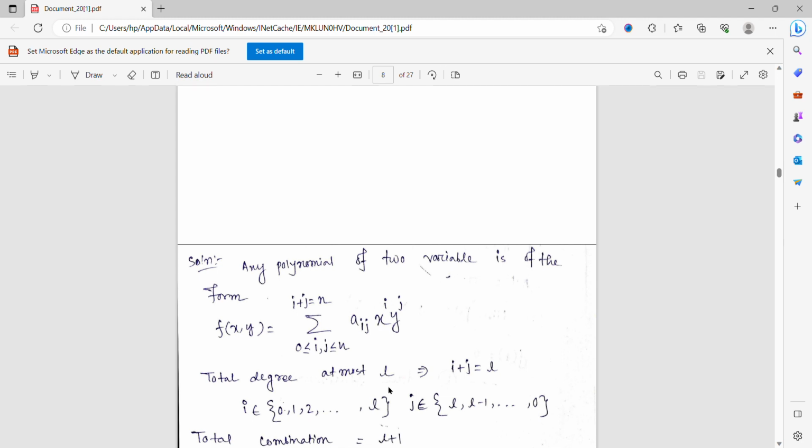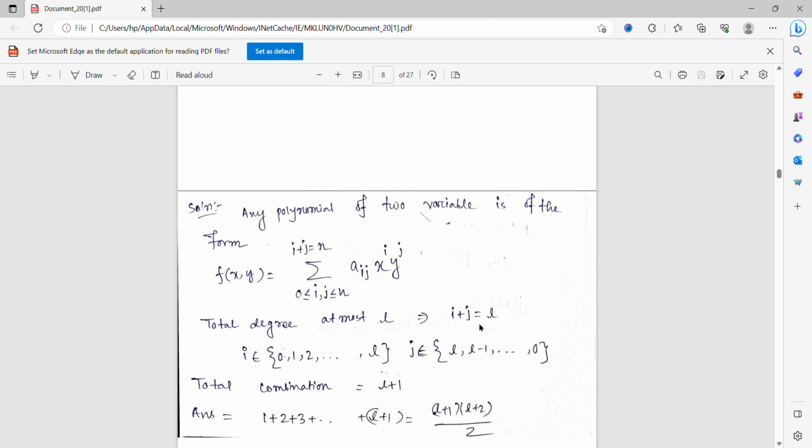So total degree at most L, that means i plus j at most L. Okay. So suppose I am just considering the polynomials whose total degree is equal to L. That means i varies from 0 to L, and if i is k, then j is basically L minus k.